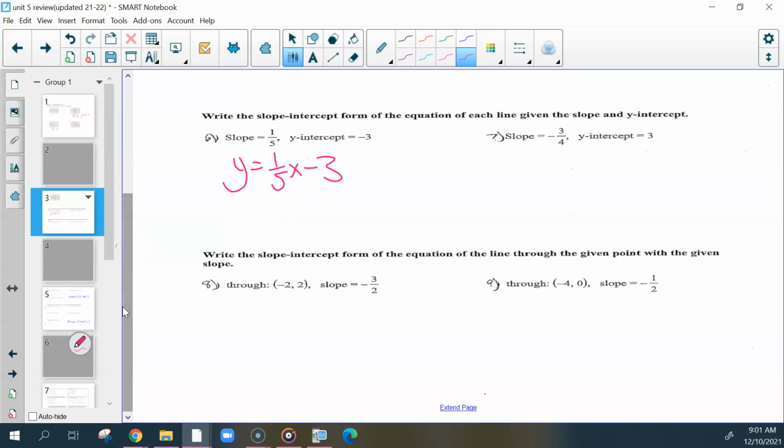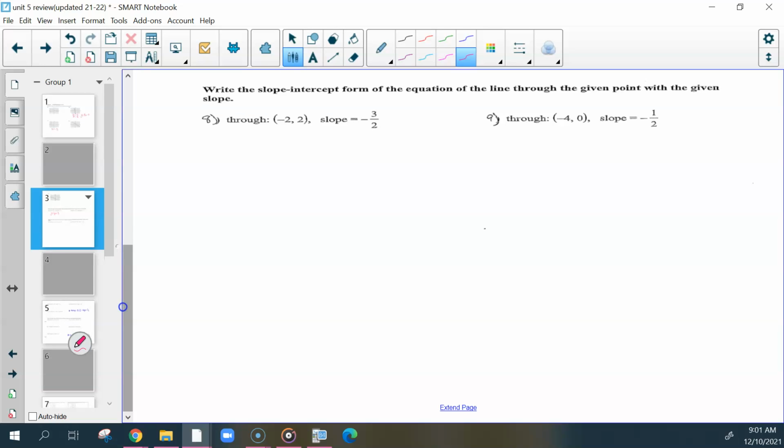Jumping to the next section, we're going to do number 9. Now we are given a slope and point, and you need to use your point slope formula somewhere on your paper. Write that down so you have it.